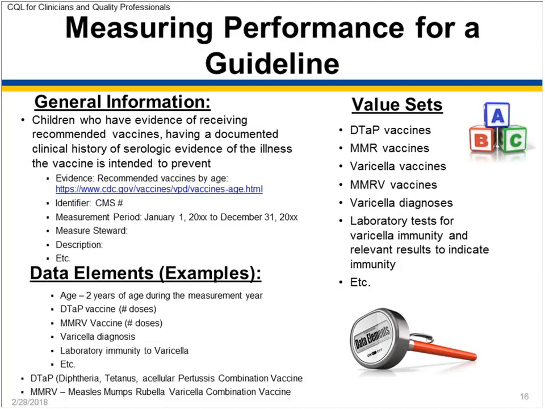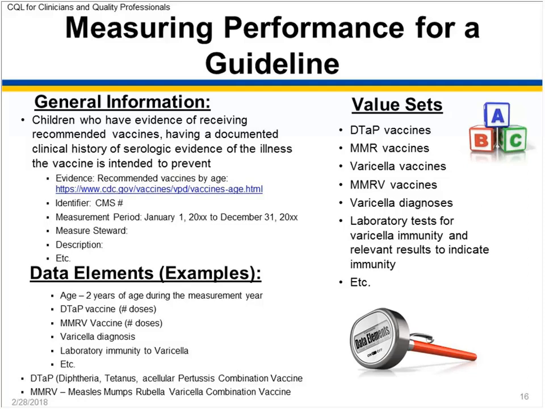That's telling you the name of the measure, and an example here is children with evidence of receiving recommended vaccines or having a documented clinical history or serologic evidence of the illness the vaccine is intended to prevent, meaning every child under age 2 has either immunity or appropriate vaccinations for that age group. Who did it come from, who created it, the measure steward, the measurement period, and background.